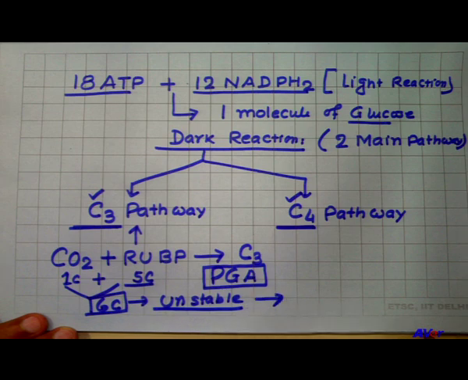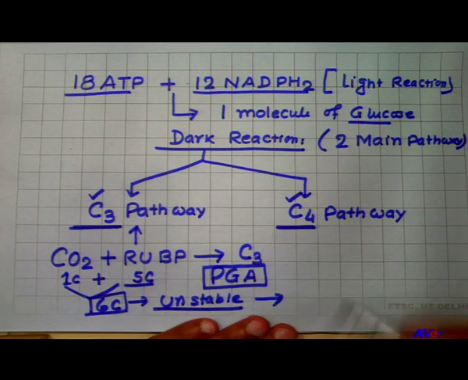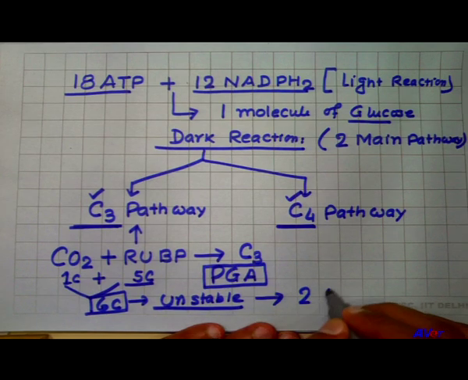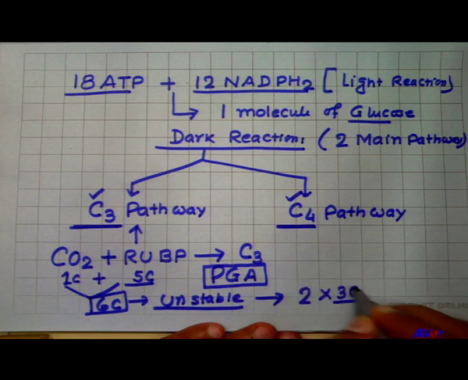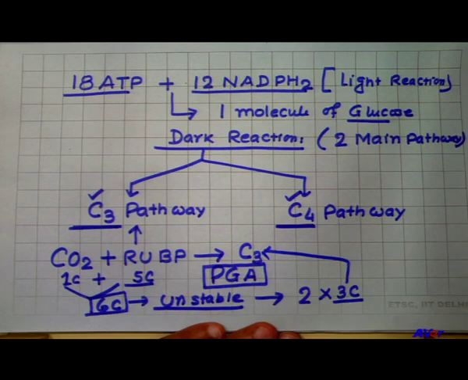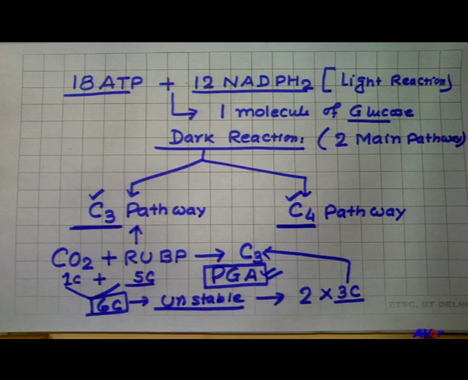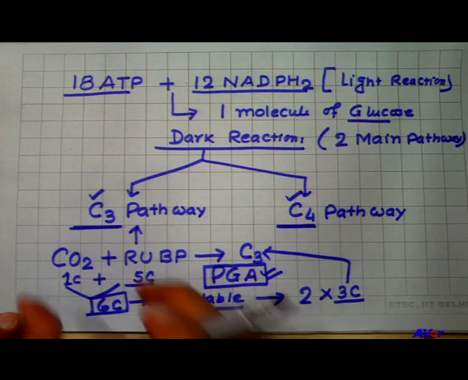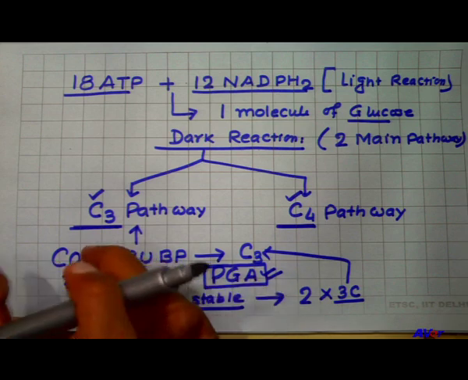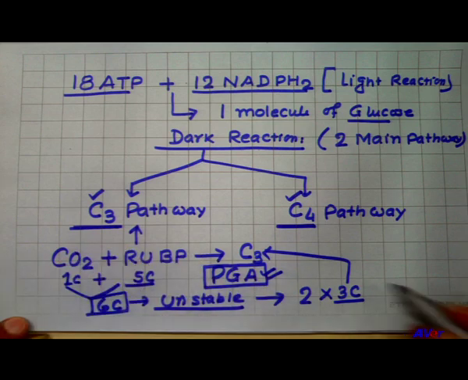Immediately this unstable compound breaks down into 2 molecules of 3 carbon, that is C3 compound phosphoglyceric acid.